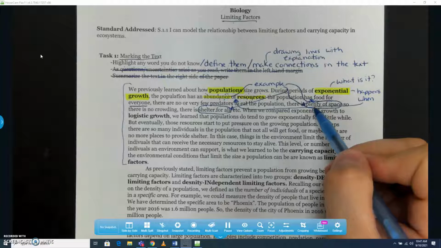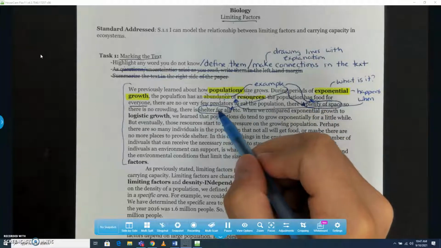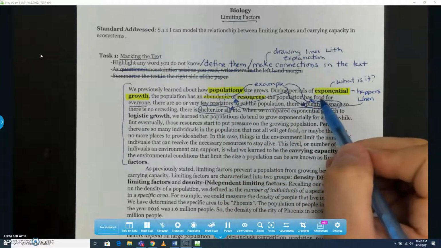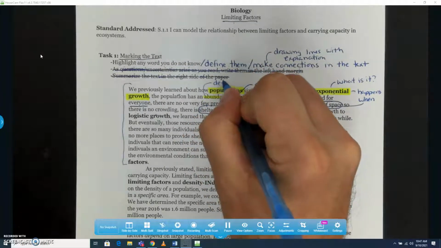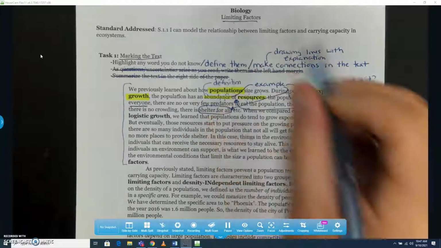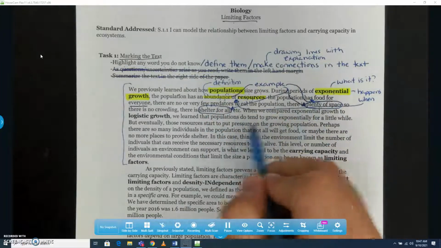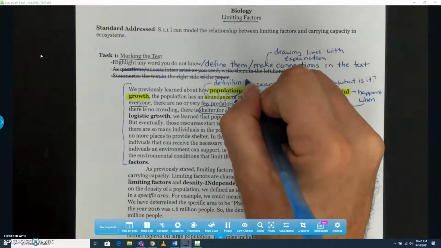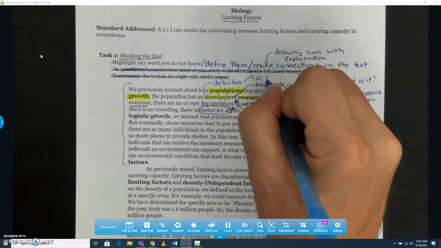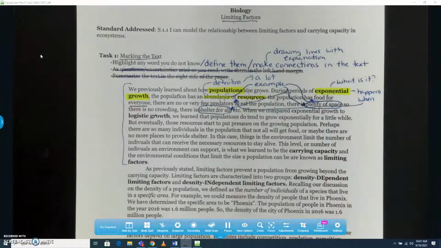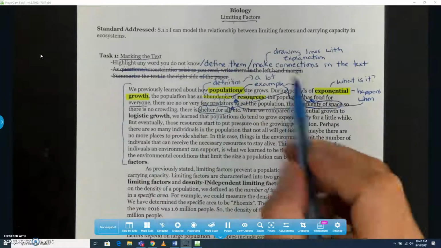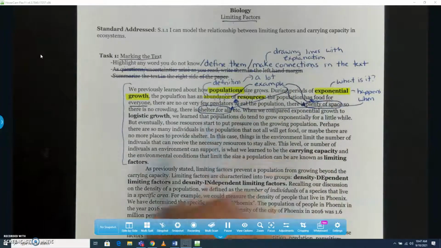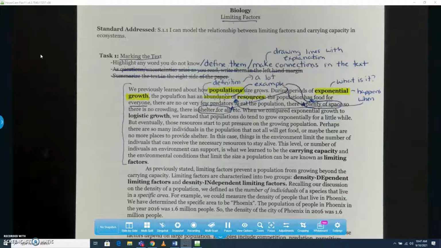Plenty of space, shelter for all, food for everyone. My definition of abundance, because the definition is flat out not said in here, would be maybe a lot or enough. I have just defined that word, if I did not know it, based on the context clues within the paragraph.